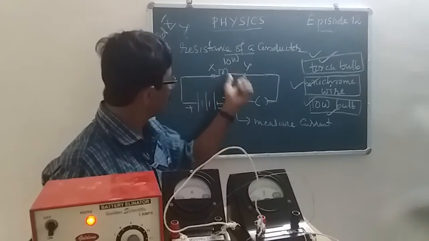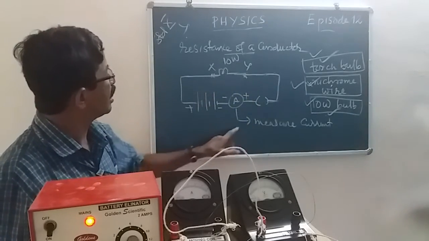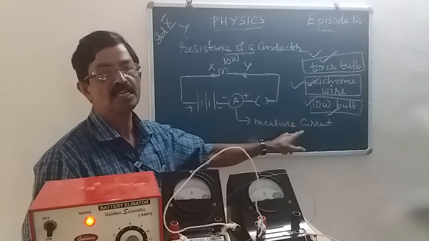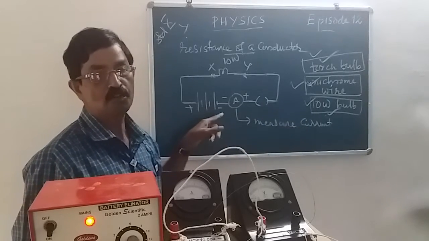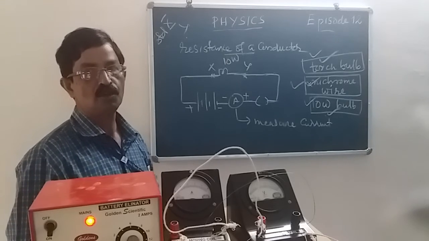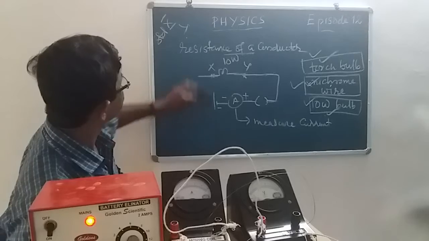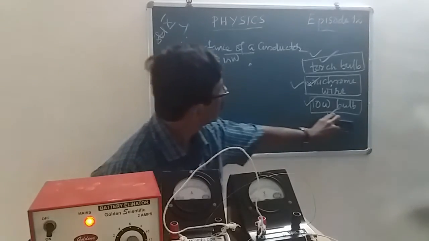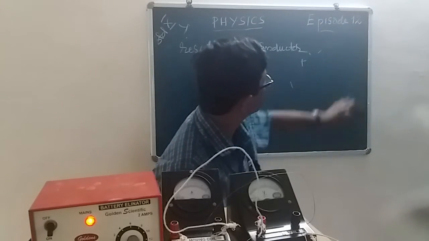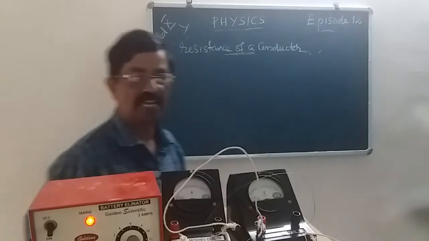Now, from this observation, we can understand that the current in each case differs. Why does this current differ? It is due to the resistance of the material.